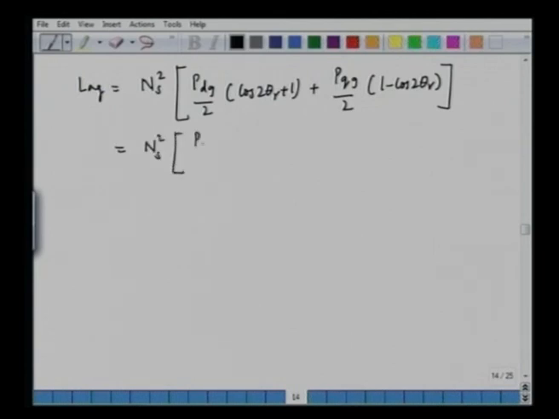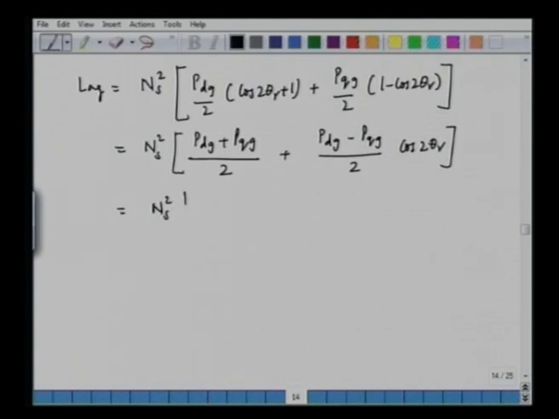NS square into P dg plus P qg by 2, plus P dg minus P qg by 2 into cos of 2 theta r, and that is equal to NS square into Pg0 plus Pg2 into cos of 2 theta r, and that is equal to Lg0 plus Lg2 into cos of 2 theta r.